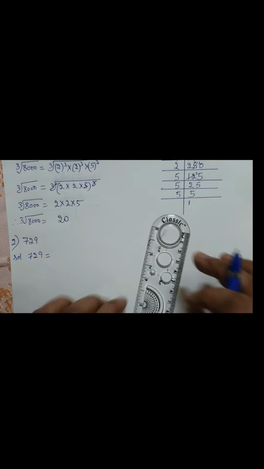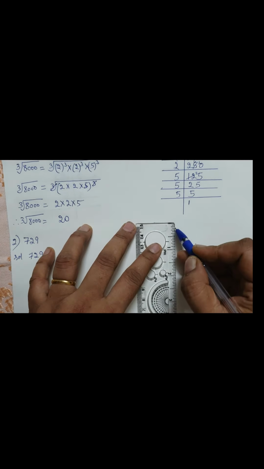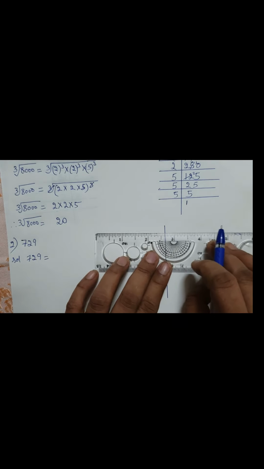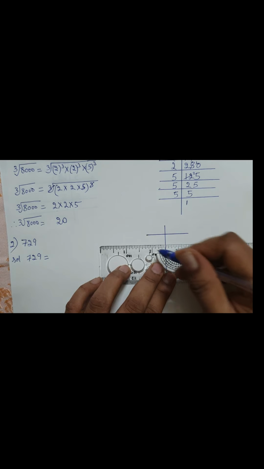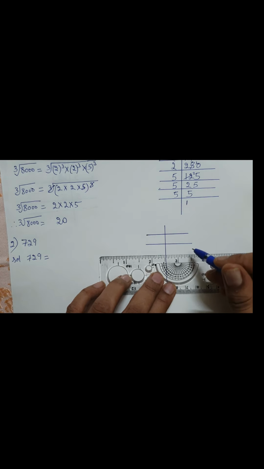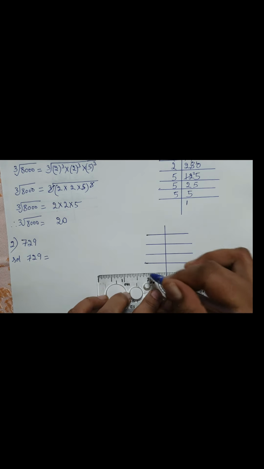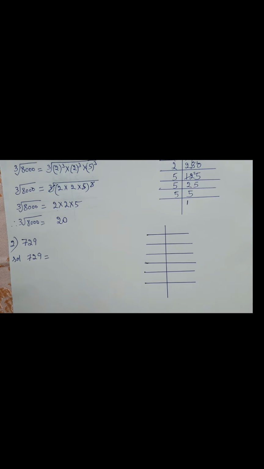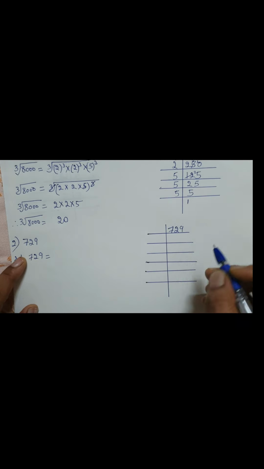So we will draw a line. Okay, now we will write the 729 inside.